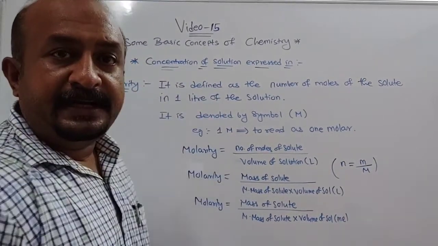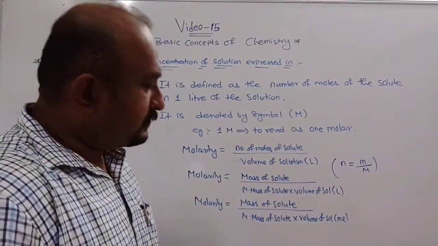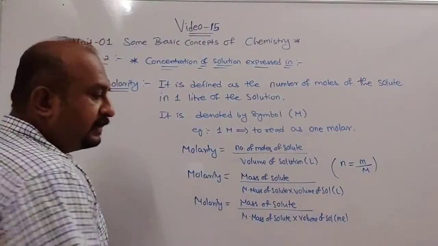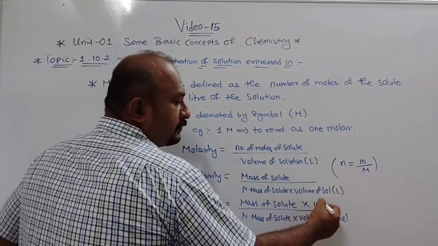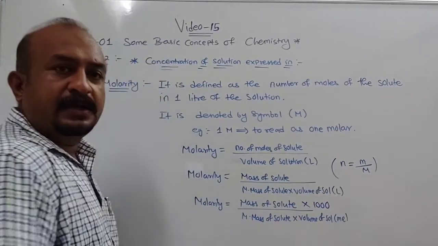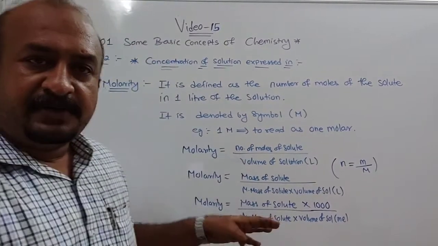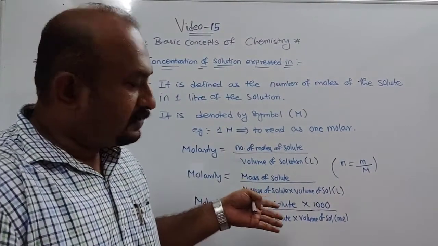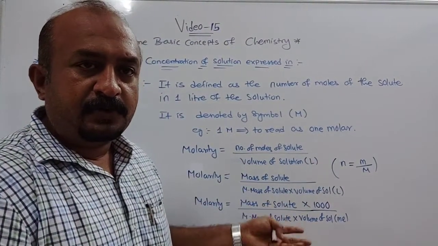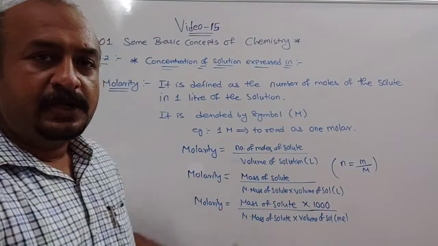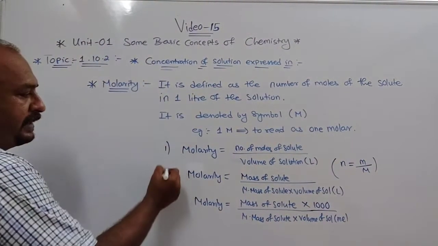We know that 1 liter is equal to 1000 ml, so that fraction goes in the denominator, which means 1000 comes on the top. If the volume is given in ml and you don't want to convert, you can use this formula. So there are 3 formulas for molarity.